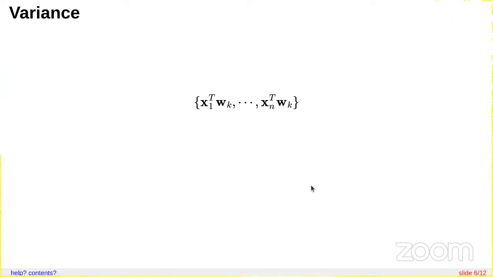And finally, we come to the variance picture for PCA, which is this. Can someone tell me what these terms are? There are these n values. What are these n values? Coefficients. Okay, I'm looking for a slightly better term.